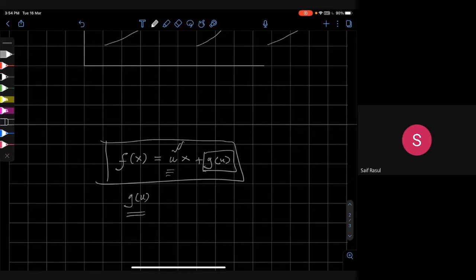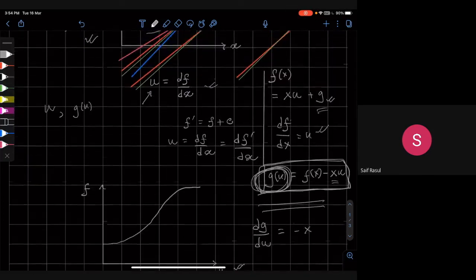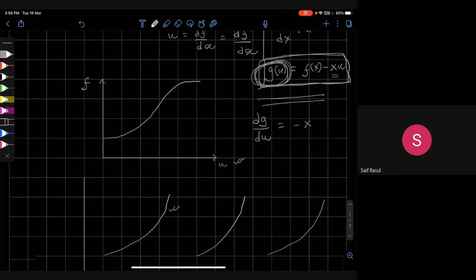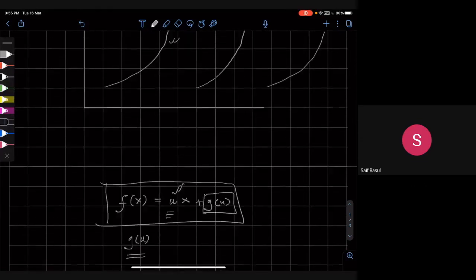We are interpreting this as a straight line, right? So g of u in that case is fixed. I was referring to where we defined g of u, where it was f of x minus xu. In a sense it is, because g of u is a function of u and u is a function of x. So in that sense it is, yeah.